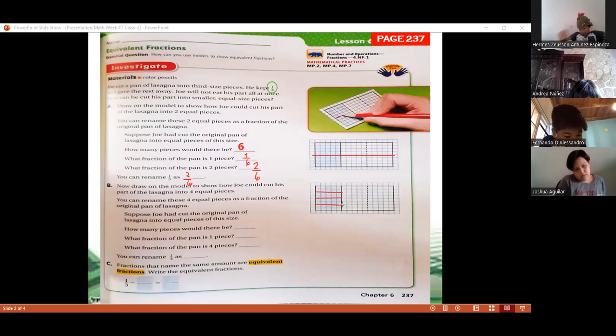So it's going to be here 4 parts. So you see we have 1, 2, 3, and 4 parts. You can use the same color, but it says we need to divide the lasagna into 4 equal pieces, everything. So let's do it in everything. It's going to be here, the 4 parts.